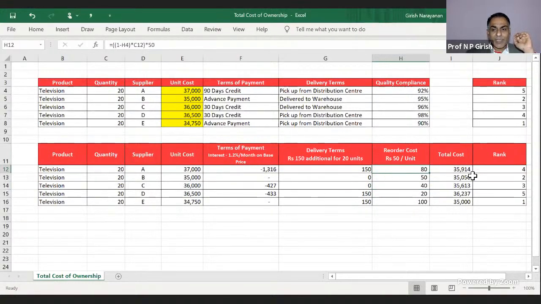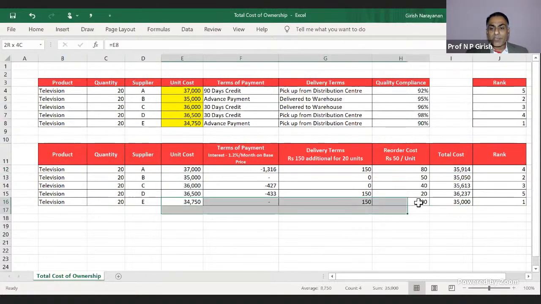Now, if we add all these things, that comes to the total cost of ownership. We have only added 3 terms. Maybe there are more: replacement, maintenance, spare parts, etc. Based on the total cost of ownership, which is the end-to-end life cycle cost, we are talking about 35,914, 35,050, 35,613, 36,237, and 35,000.